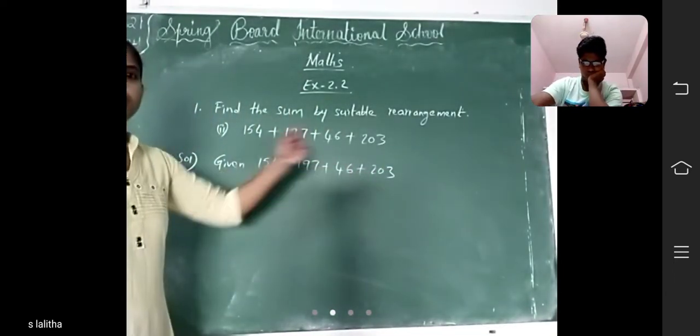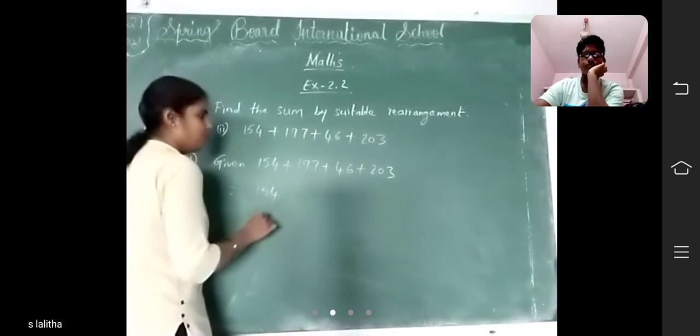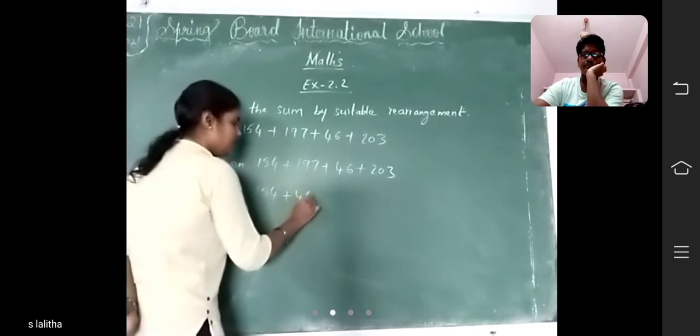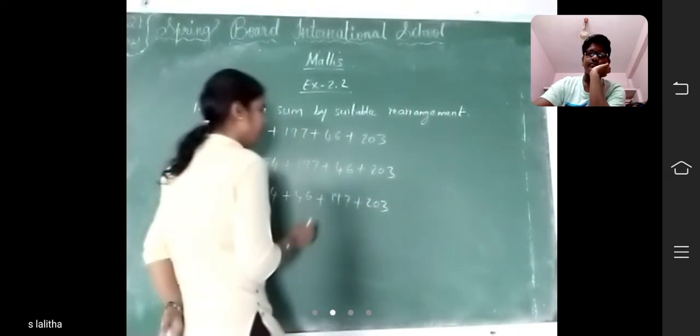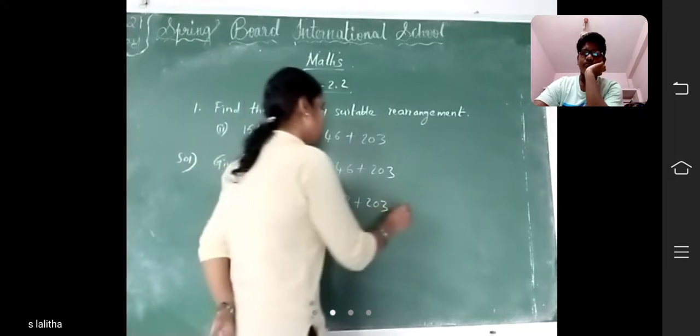So here four numbers are given. How to rearrange these numbers? 154 plus 46, I am moving to here: 154 plus 46 plus 197 plus 203. Now I am interchanging these numbers. Reverse the numbers. So which property is it?